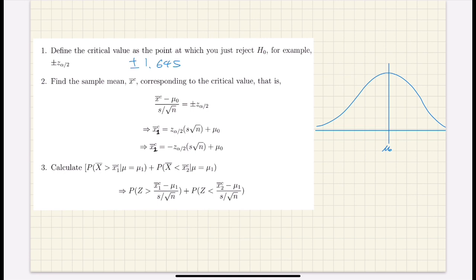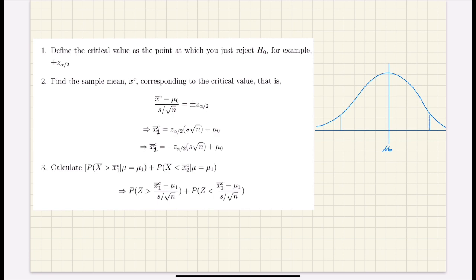And then you go to the second part, which gets more tricky here. You want to find the sample mean corresponding to the critical value, and you have this formula here. So what we're trying to do is basically similar to what we did with the critical value in the confidence interval thing, and you want to find the 2 values at which you reject the null hypothesis.